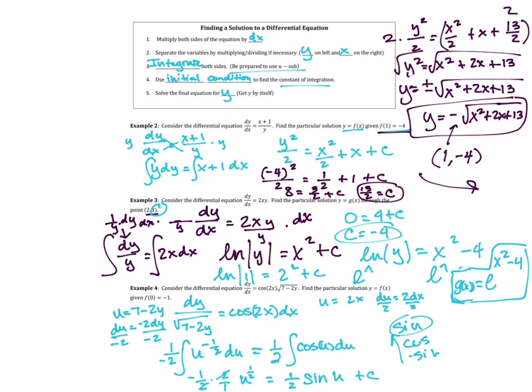But I've got different u's. I probably should have used a different variable. Oh well. I don't have room. I need room. Negative, what was u over here? 7 minus 2y. Negative, open parentheses, 7 minus 2y to the 1/2 power equals 1/2 sine of 2x plus c.